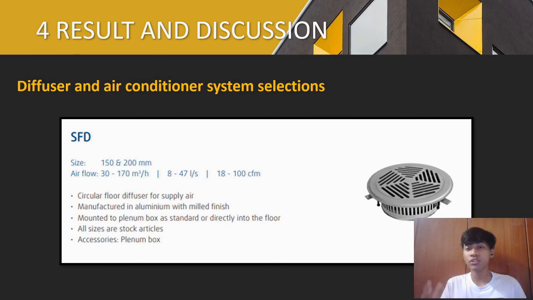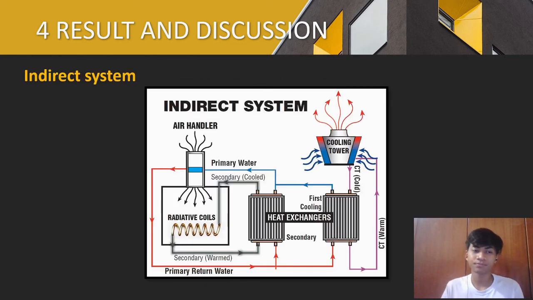The reason we choose this type is because most rooms in this building have CFM not exceeding 100, except the conference room, which has a CFM value of 125. Only in the conference room we put 2 diffusers, because this diffuser can only accommodate CFM up to 100. So that's why we put 2 diffusers in this room.